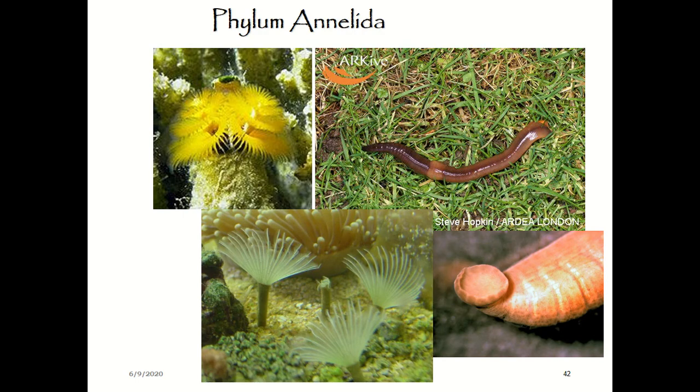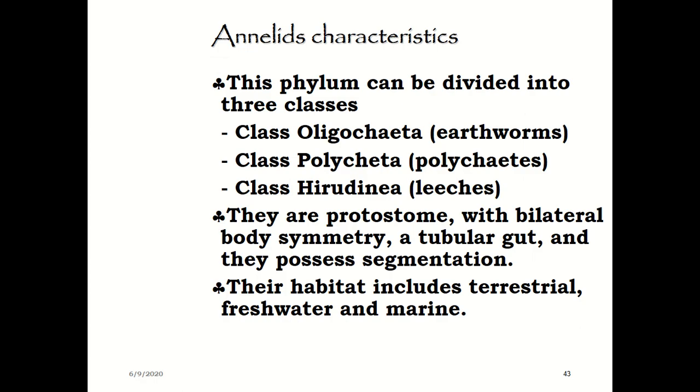Next, we are going to look at the phylum Annelida, also in the group of protostomes. So Annelids can be divided into three classes, which are class Oligochaeta, class Polychaeta, and class Hirudinea.